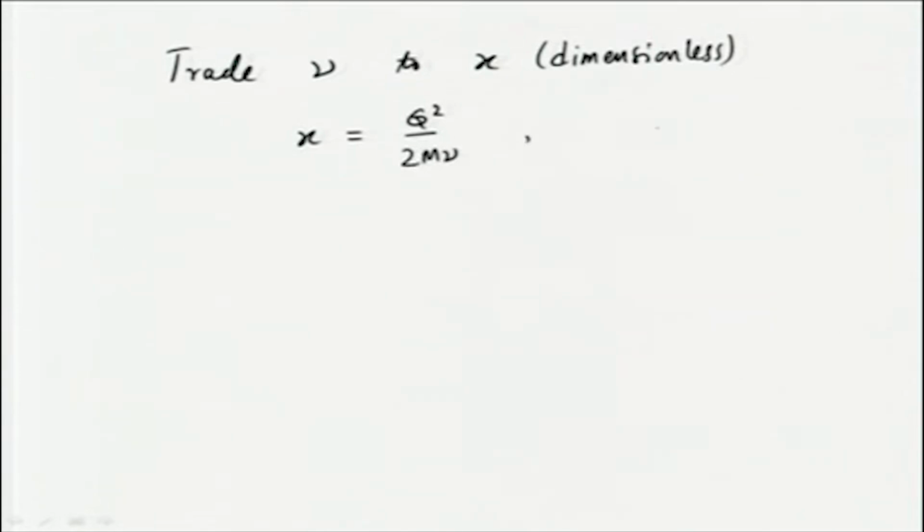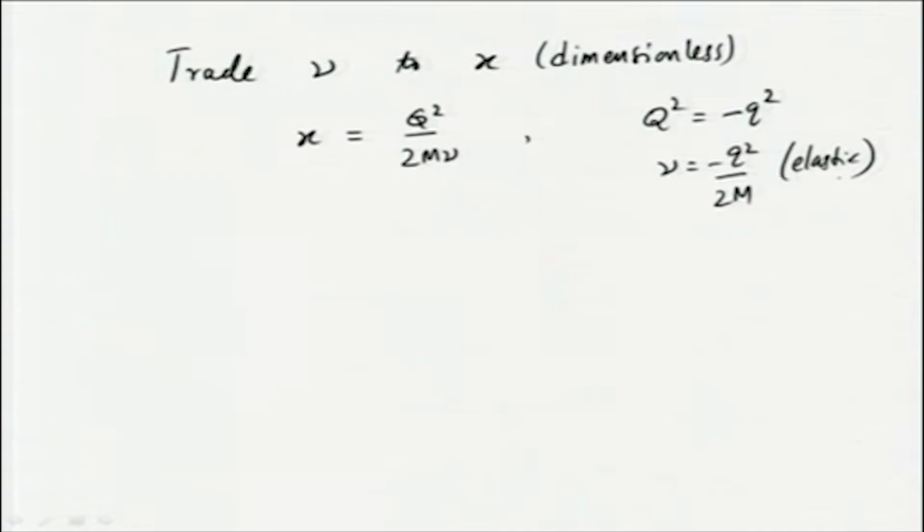From now on, we will consider capital Q square instead of small q square, because we saw that nu is equal to minus q square over 2 m in the elastic case, and nu is E minus E prime.